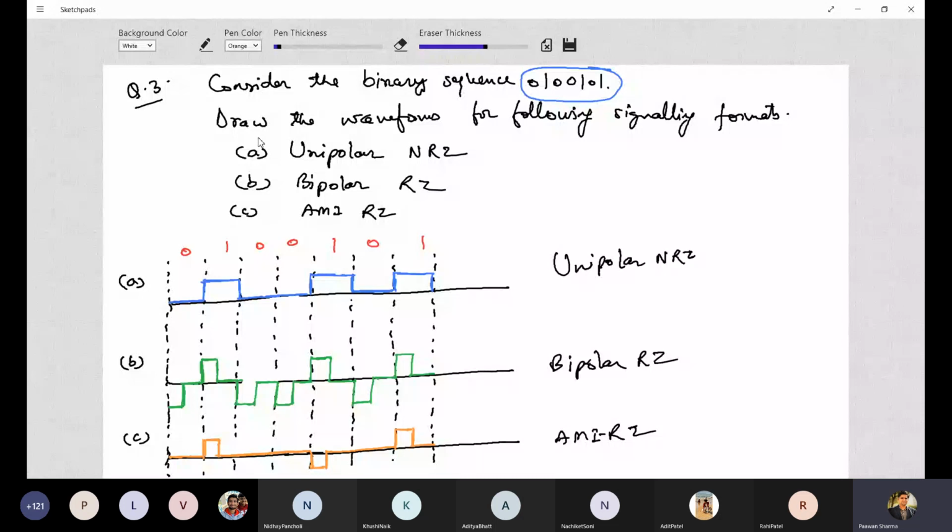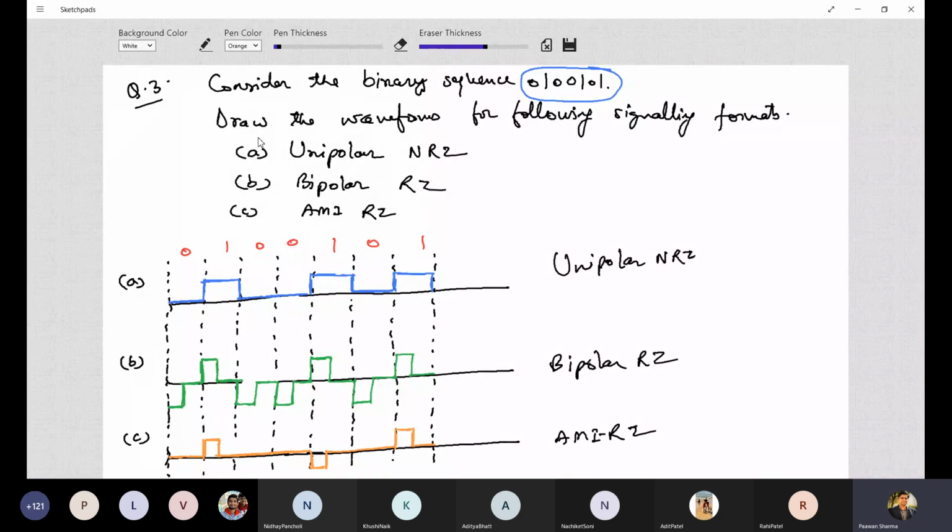Are we good? Yes, sir. Okay. Similar questions you may be asked in your evaluation, so it is better to practice with a few sequences. There are lots of online tools available.